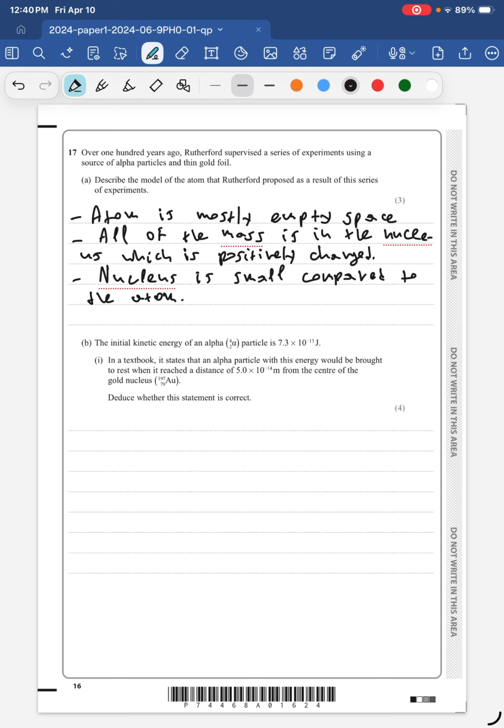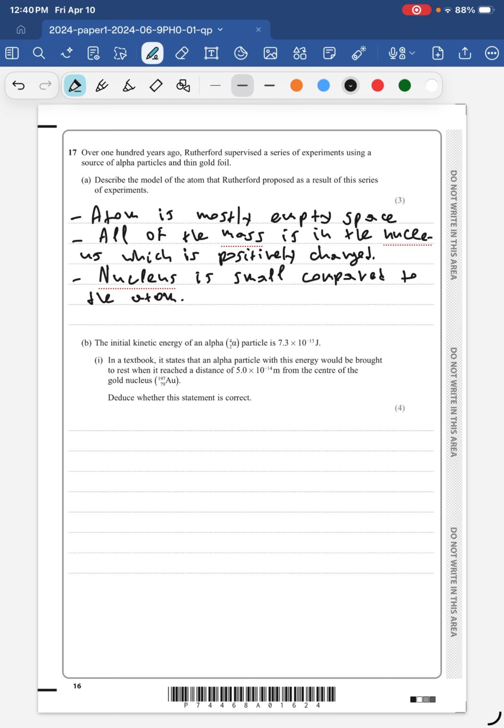Okay, part B. The initial kinetic energy of an alpha particle is 7.3 times 10 to the negative 13 joules. In a textbook, it is stated that an alpha particle with this energy will be brought to rest when it reaches a distance of 5 times 10 to the negative 14 meters from the center of the gold nucleus.